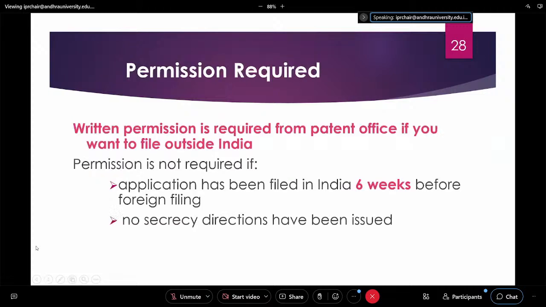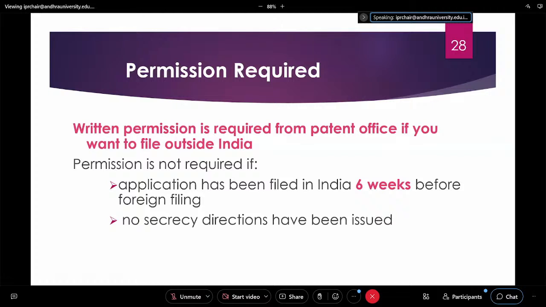Please remember, you need permission to file in another country before filing in India. Written permission from the Indian Patent Office is required if you want to file outside India. However, it is not required if you have already filed the application in India and have waited 6 weeks after filing. Now you can go to any country and file anywhere.